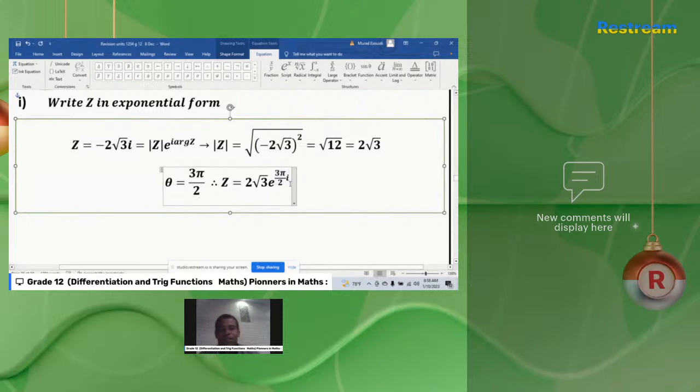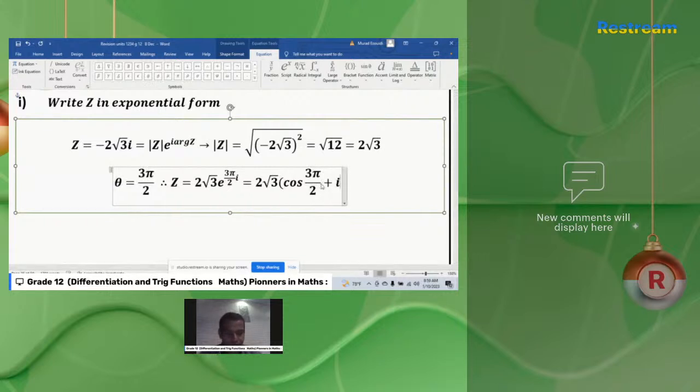If you write this as exponential form, and if you are going to write it as polar form, you will write it like that: 2 root of 3 multiplied by parentheses, cosine of 3 pi over 2, plus i times sine of the angle.